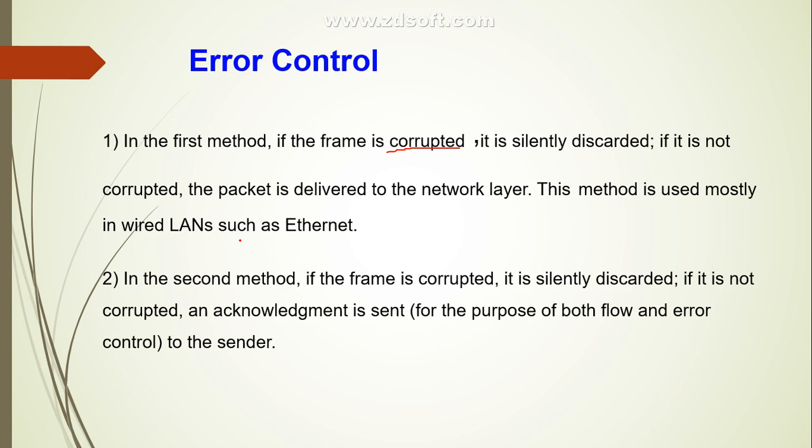Whereas in the second method, if the frame is corrupted, then it is silently discarded. But if it is not corrupted, then an acknowledgement is sent to the sender, which serves the purpose of both flow control as well as error control. In the first method, there is no acknowledgement. We are not waiting for an acknowledgement. Whereas in the second method, we are waiting for the acknowledgement.